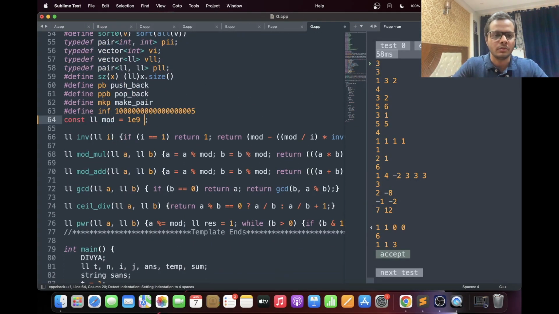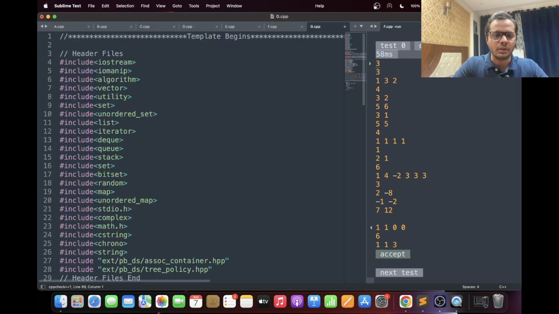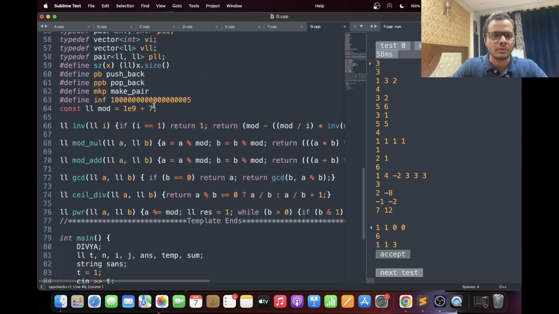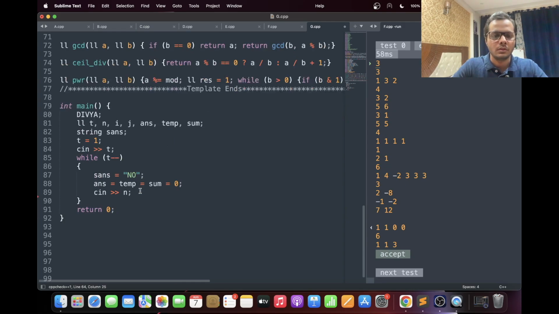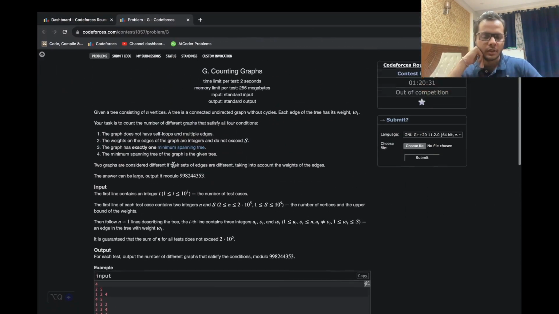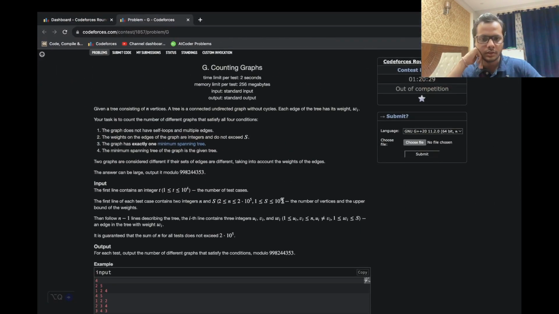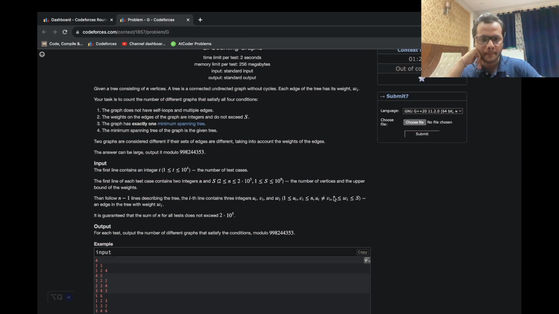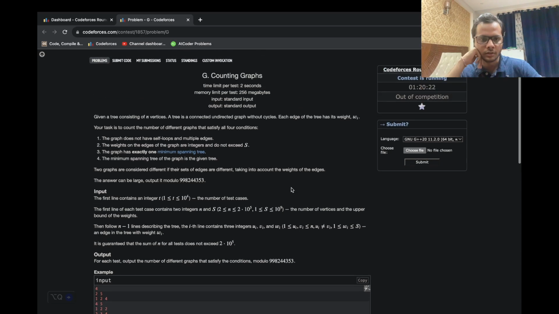Let's change the modulo first of all, because I really don't want to get a wrong answer because of wrong modulo. Okay, now let's see what we can do here. S is up to 10 to the 9, n is up to 2 into 10 to the power 5. Wi's are less than or equal to s.